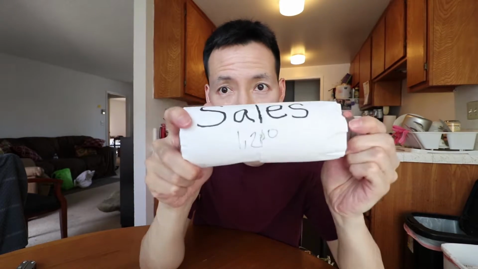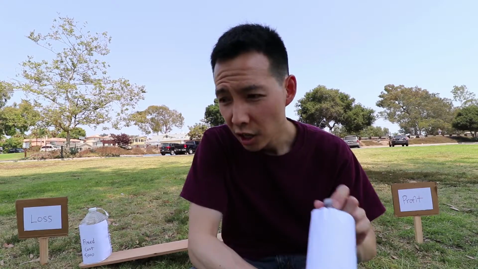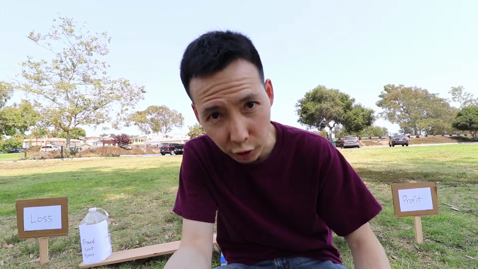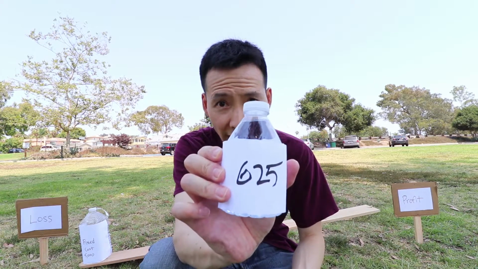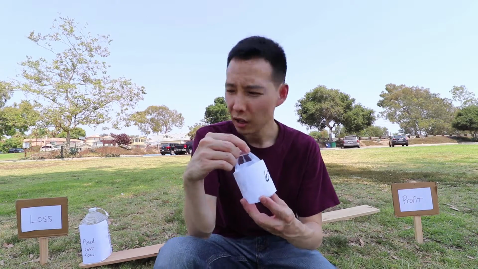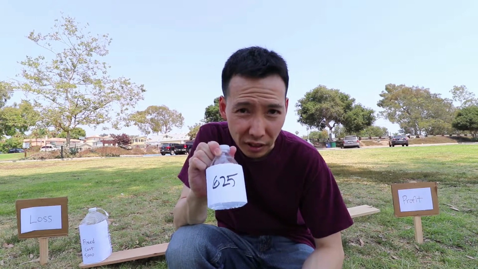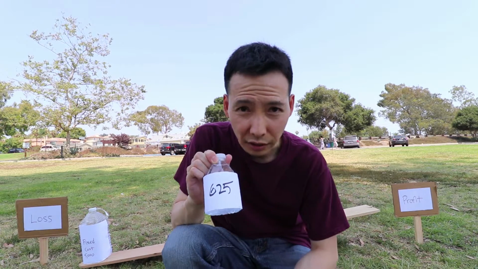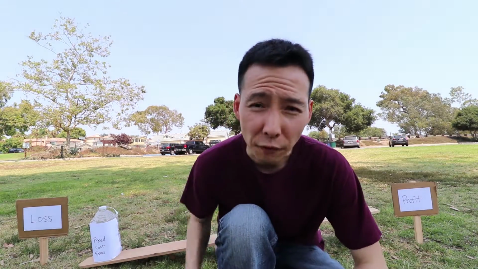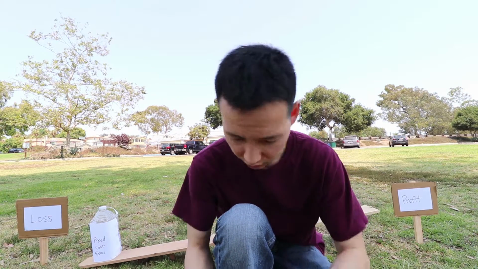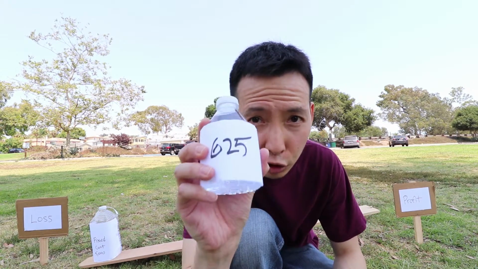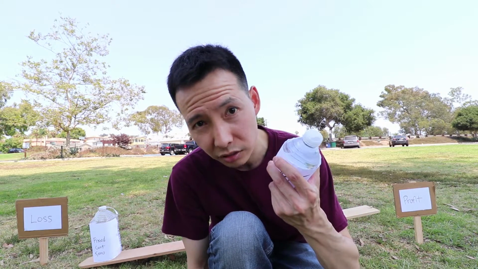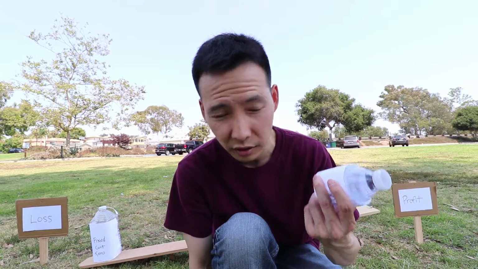Okay, let's talk about some sales. Remember, you don't keep all of this. You really just keep the contribution margin, this little guy. So the question is, how many of these do you have to sell in order to break even? If you divide your $5,000 of fixed cost by each unit's contribution margin, that should tell you how many of these you have to sell before you break even.